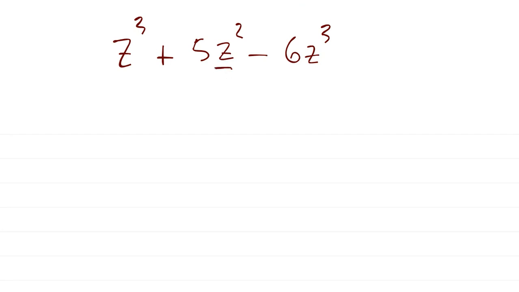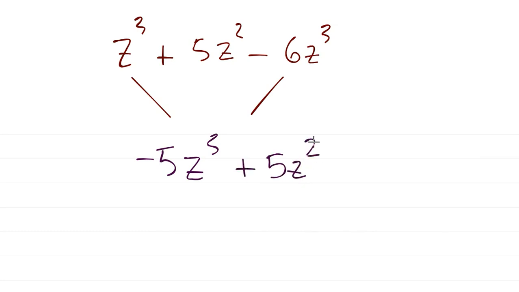The reason being is this does have a z on it, but it's z squared. That's not a like term. If we combine these two, 1z cubed minus 6z cubed, that should give us a negative 5z cubed. This 5z squared, nothing even happens to that. We can't do anything with that because there's no other z squareds that we can combine with it.